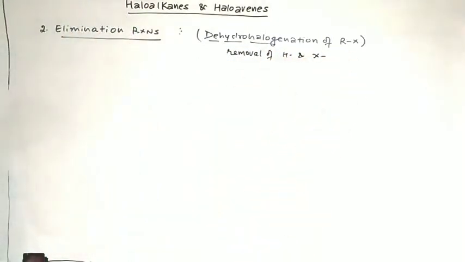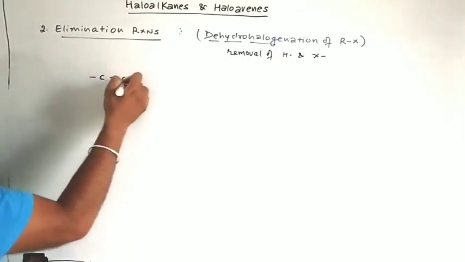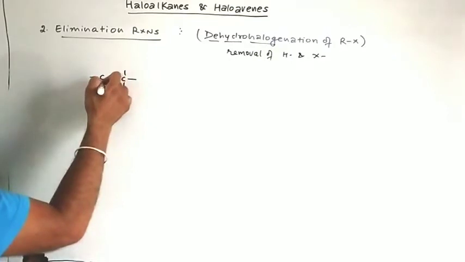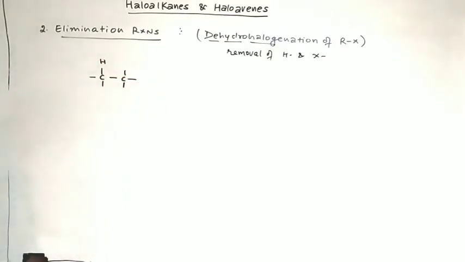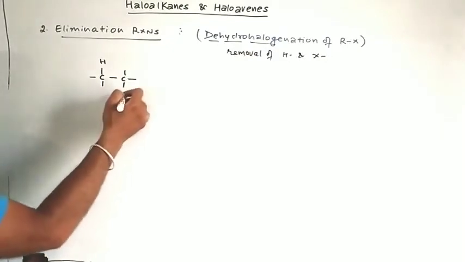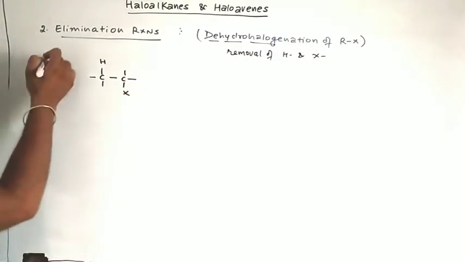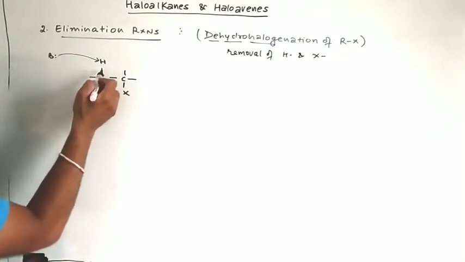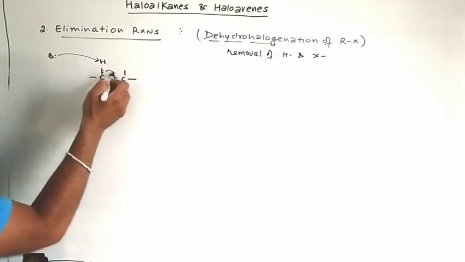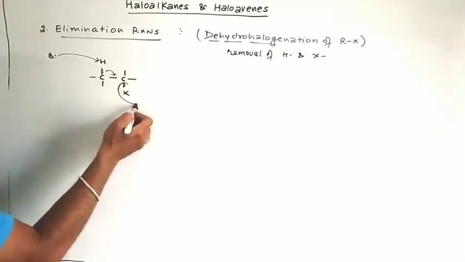That's HX. Next, suppose we have this type of alkyl halide. Here is a hydrogen, and here is your halogen. Some base comes and takes this hydrogen. This pair of electrons shifts here, and this pair of electrons goes along with the halogen.